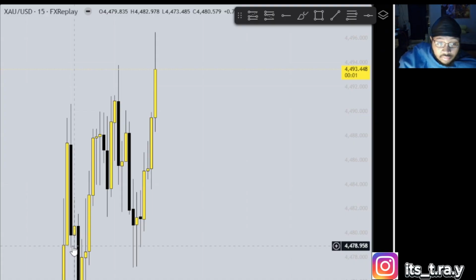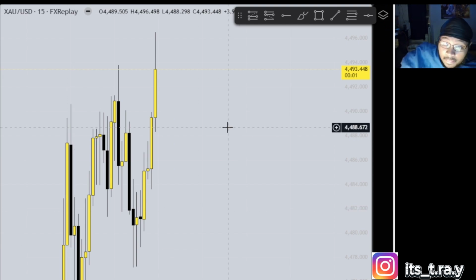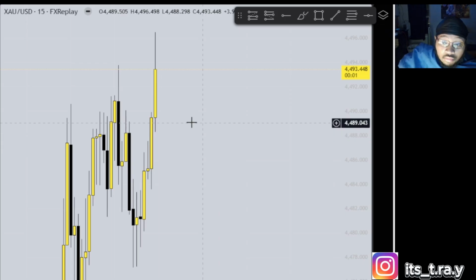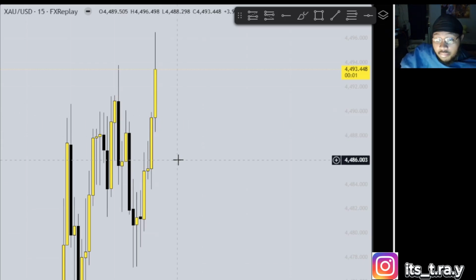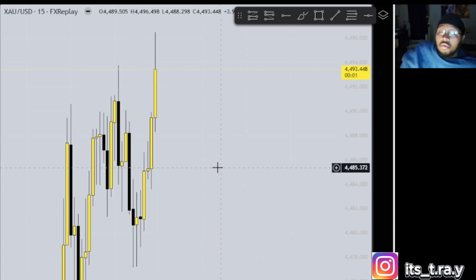You're probably looking at this and wondering what the heck is going on. I understand that, but it's really simple. I'm gonna tell y'all the terms too. These yellow candles are going up, and these black candles are going down. In these terms, we have bullish and bearish.